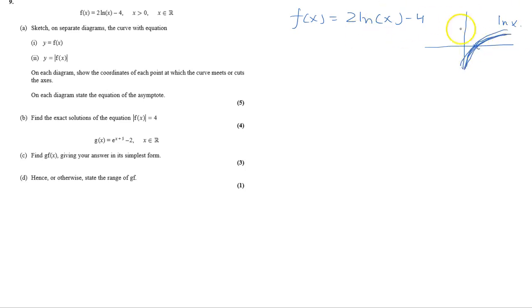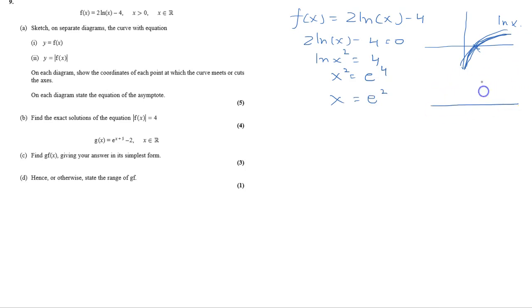Let's try to find this point and see where the graph is crossing the axis. Here y is 0, so 2 ln x minus 4 is equal to 0, ln x square is equal to 4, so antilog, x square is equal to e to the power 4, so x is equal to e square.